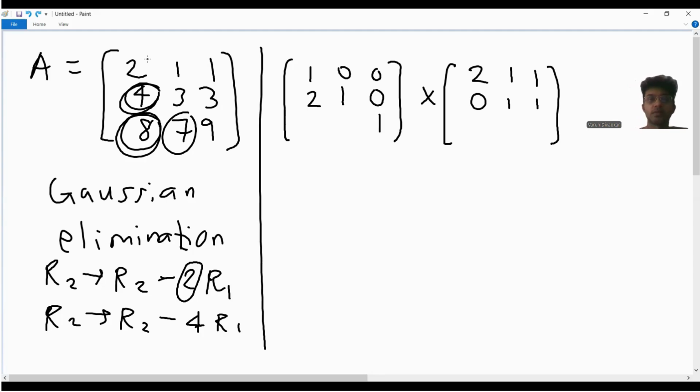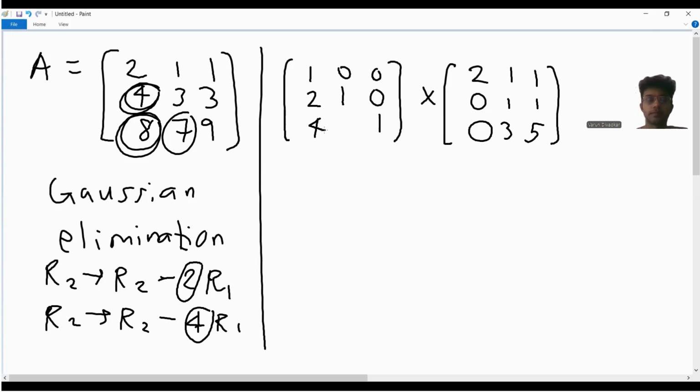So this becomes 0, 3, and 5. And then this coefficient obviously comes at this position, because this row has been multiplied by 4 times this row. So put this coefficient here.